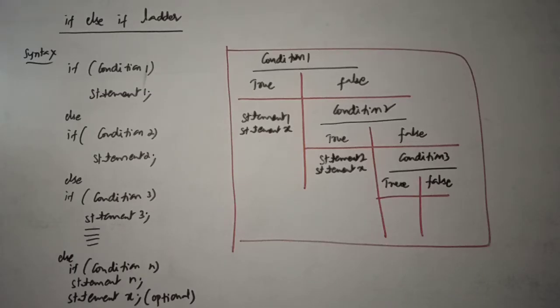We already discussed if else, and now if else if ladder. What if we have more than one condition in any programming environment? Look at the syntax. If condition 1 statement 1, else if condition 2 statement 2, else if condition 3 statement 3, and so on, if condition n and statement n, and of course statement x, which is optional.